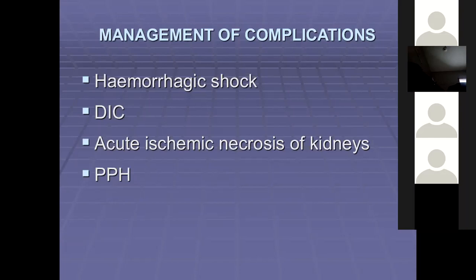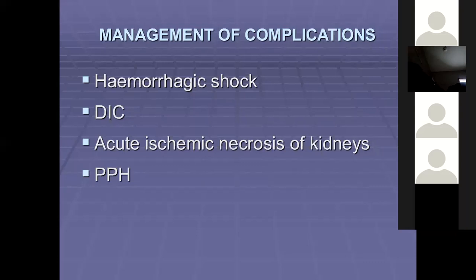You have to take out a sample, also for arrangement of cross-match blood, and then immediately give fluids to the patient, and if needed, even uncrossed blood. Once you have resuscitated the patient properly, then you will make the next decision of delivery.